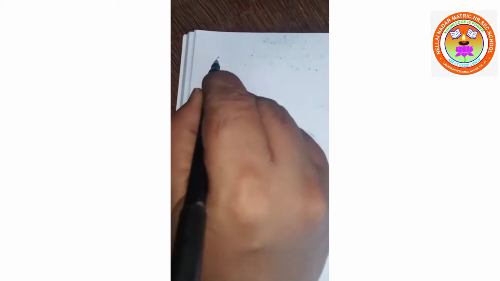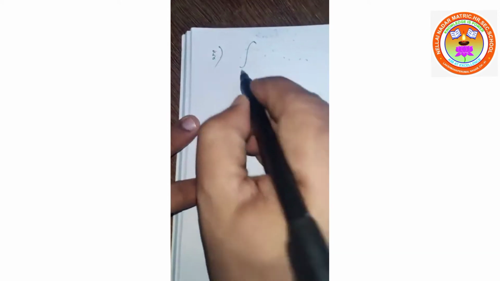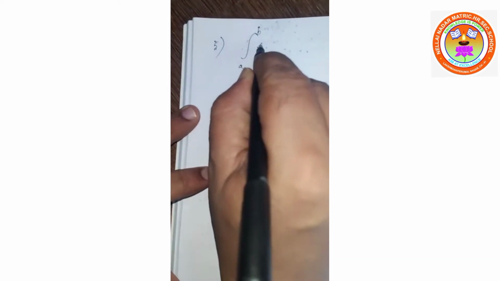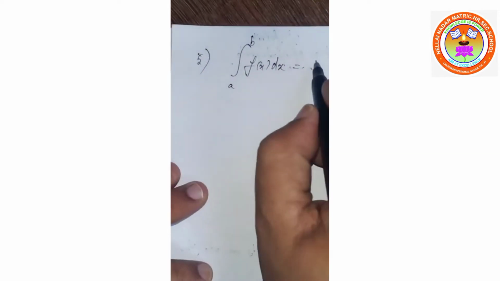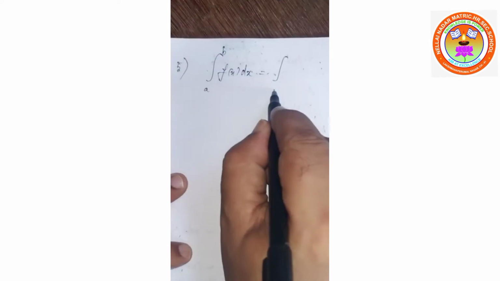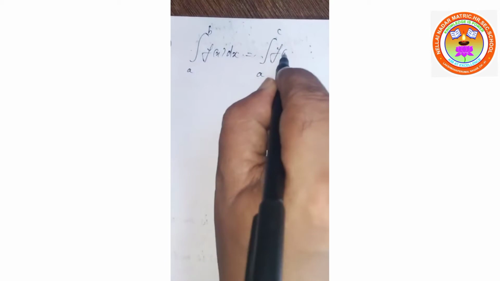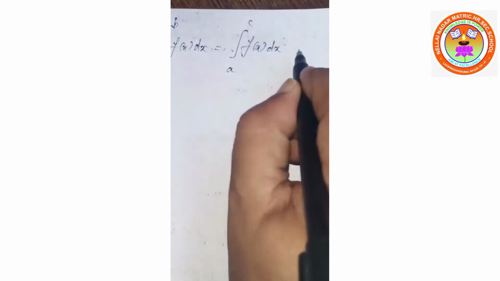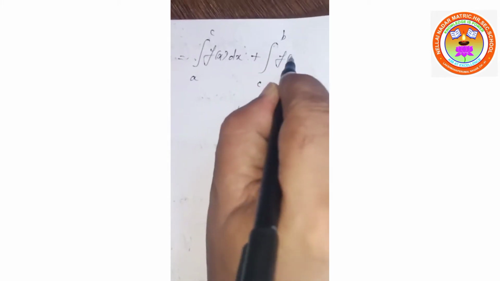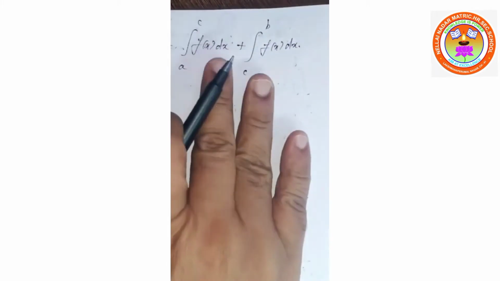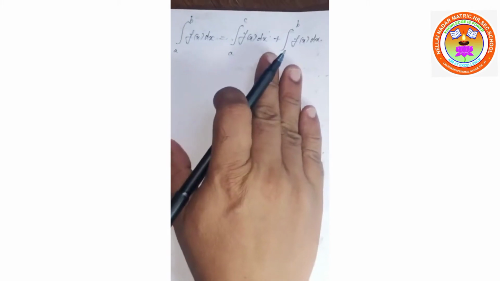Then these are the important properties. Then one more: integral a to b f of x dx can be written as integral a to c f of x dx plus integral c to b f of x dx. This property was already applied in the previous exercise.